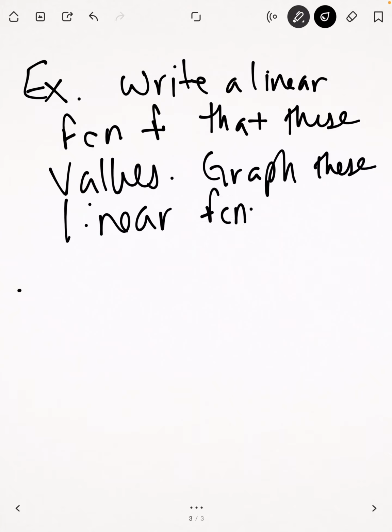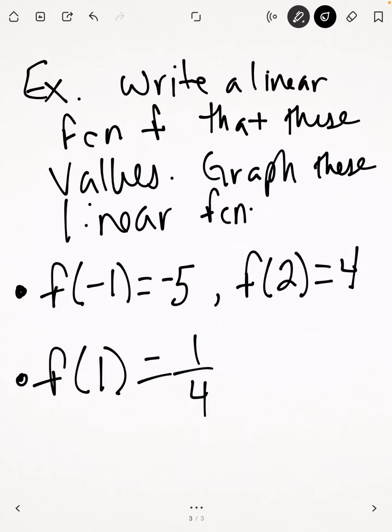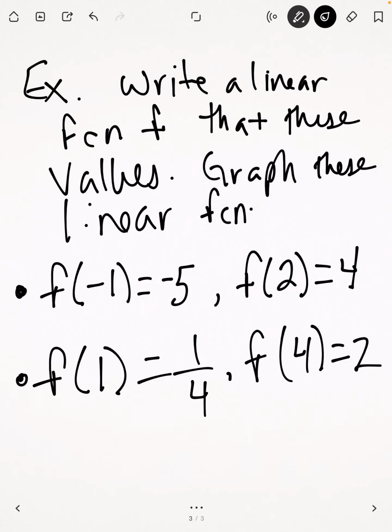For our first one, our function at -1 is -5, and our function at 2 is 4. For the second one, our function at 1 is a fourth, and our function at 4 is 2. You might want to go ahead and pause there, and we'll look at these in turn.